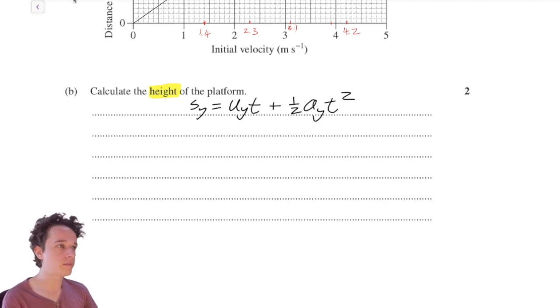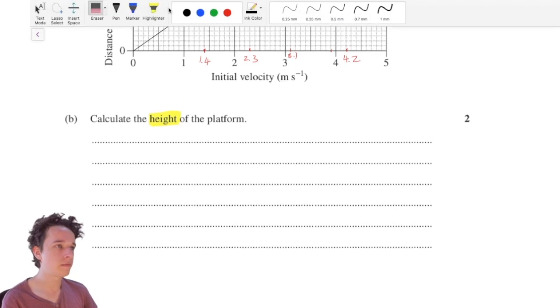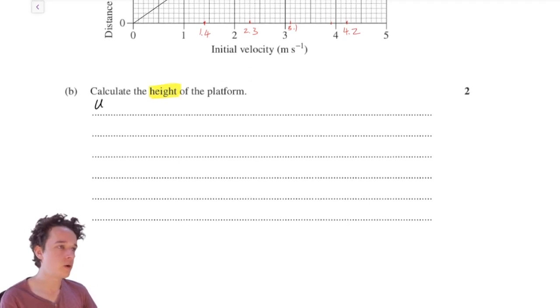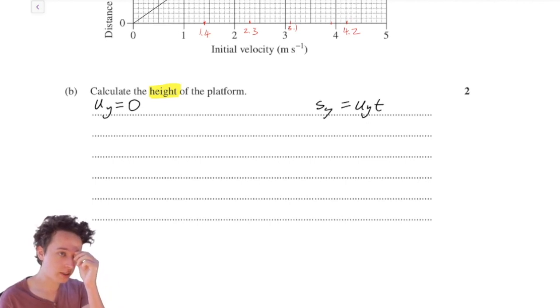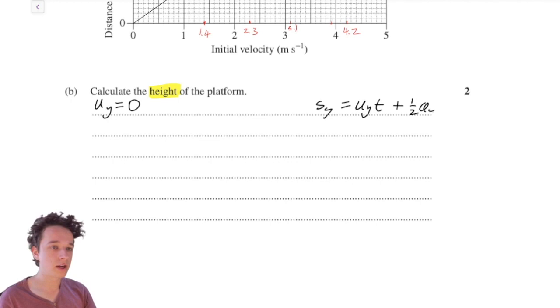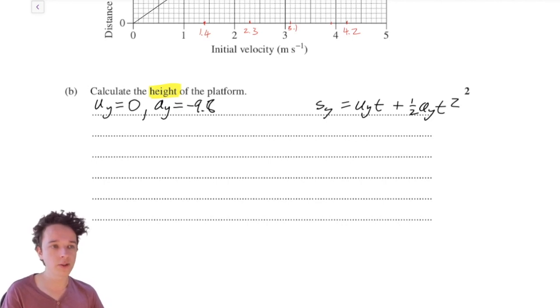So I'll just write some of the relevant data that we have first. So uy is equal to 0. For that equation, Sy equals uyt plus half ayt squared. We also know that ay is equal to negative 9.8. We don't yet have information about t, so that is something that we need to find. What information do we have, though?